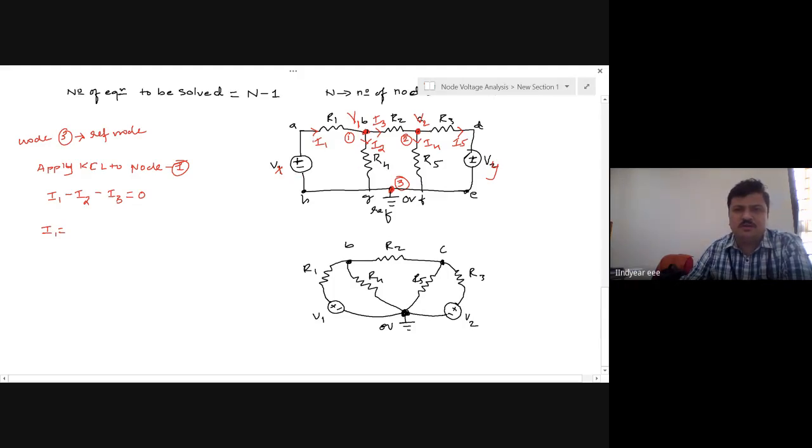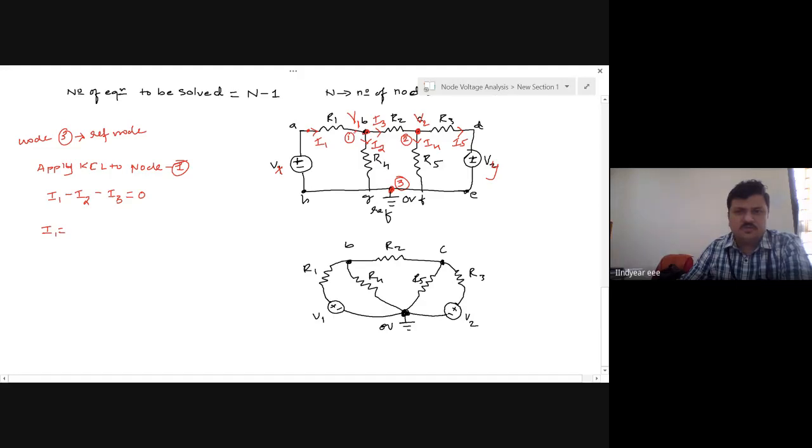Now what is current I1? Current I1 is flowing from Vx to V1. So the potential difference across R1 is between Vx and V1. One end of R1 is connected to Vx, another end of R1 is connected to V1. So the current in R1 is due to the potential difference between Vx and V1.